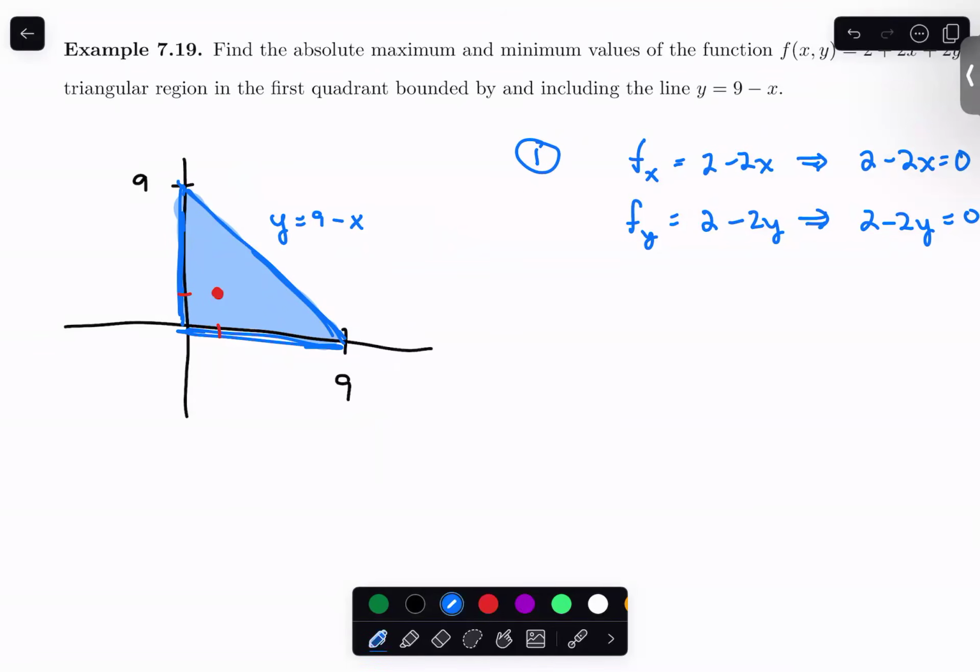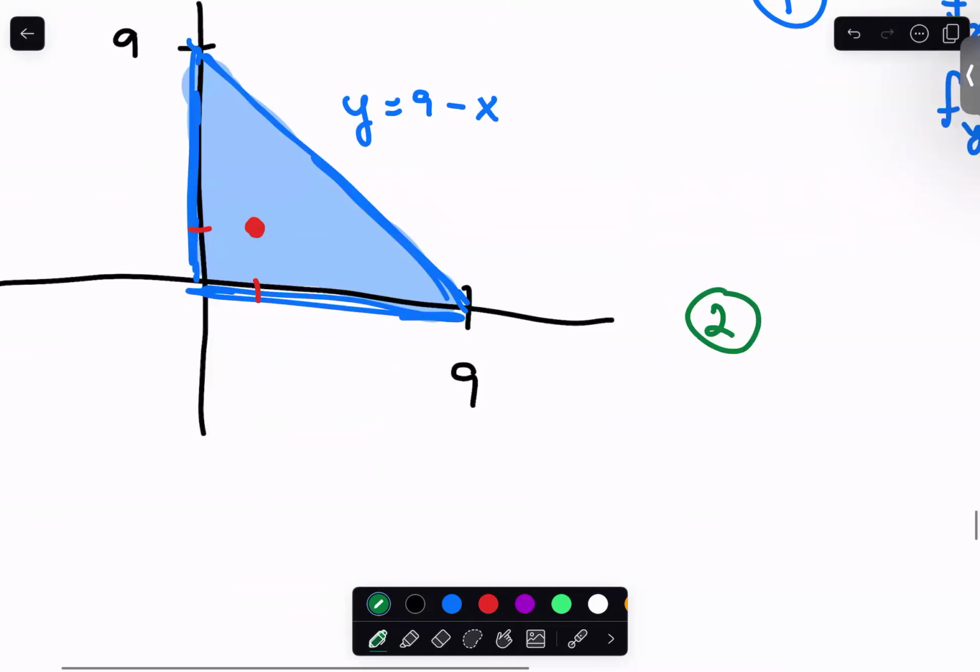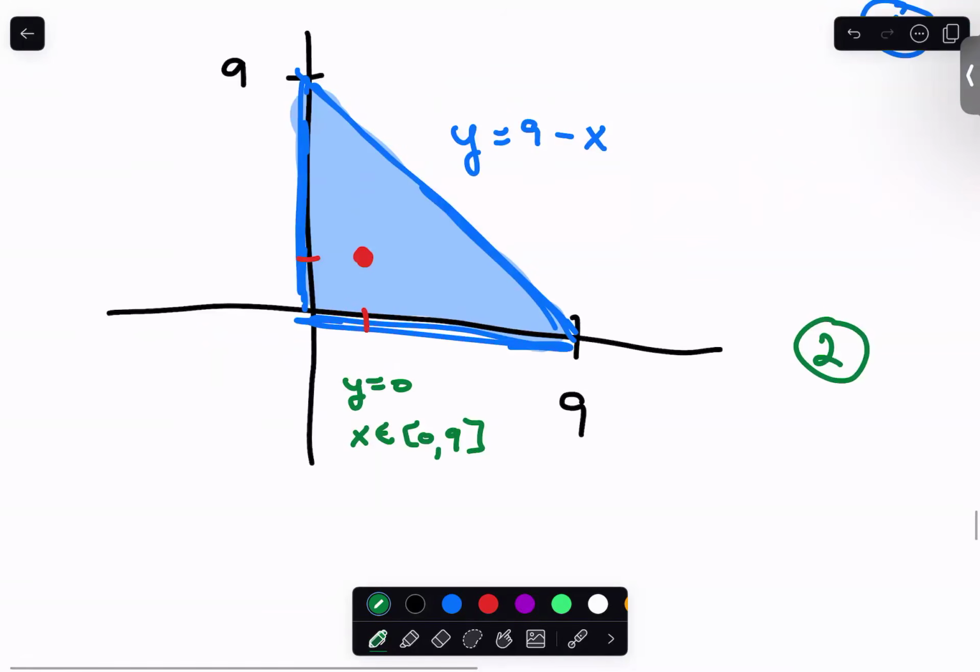All right, now we need to move on to the second bit, which is checking all the boundaries. So again, we have 3 boundaries that we can see. The bottom one is where y is equal to 0, with x ranging from 0 to 9. The left side is when x is equal to 0, with y ranging from 0 to 9.